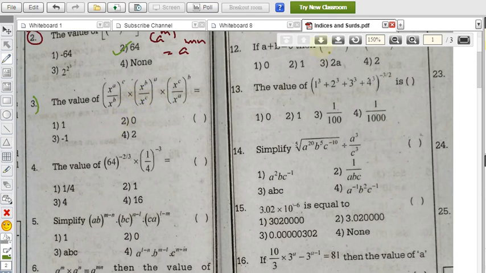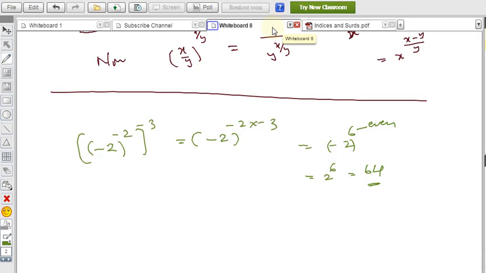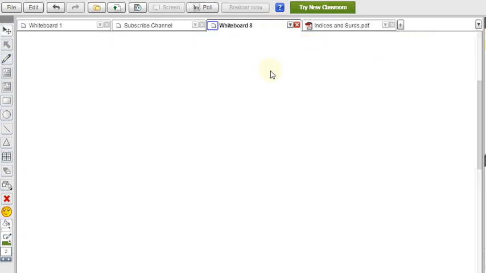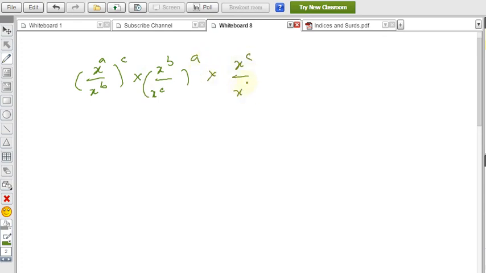So you'll get a similar sum, especially in school problems, they're giving more like this. x to the power a by x to the power b whole to the power c into x to the power b by x to the power c whole to the power a into x to the power c by again x to the power a whole power b. So most of the questions like cycle order, you'll get the result 1. But even then you should apply the formula.